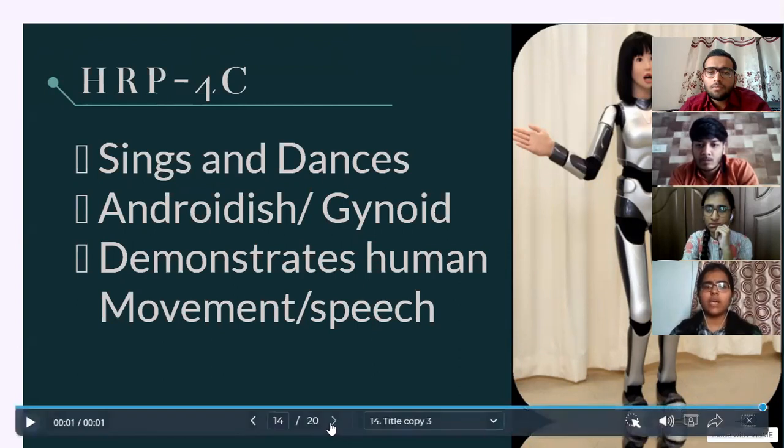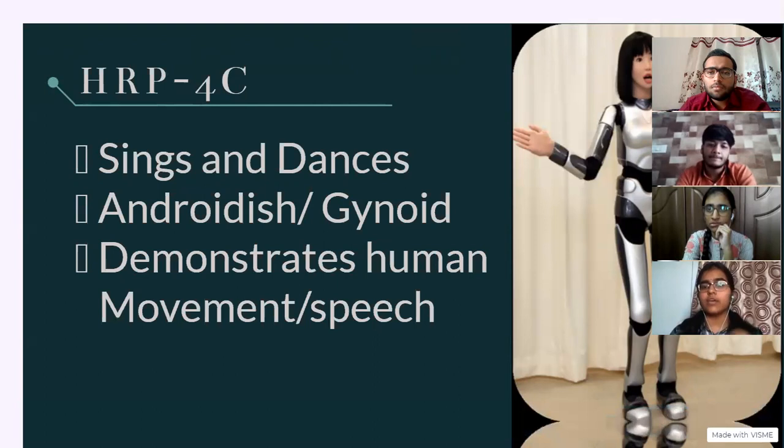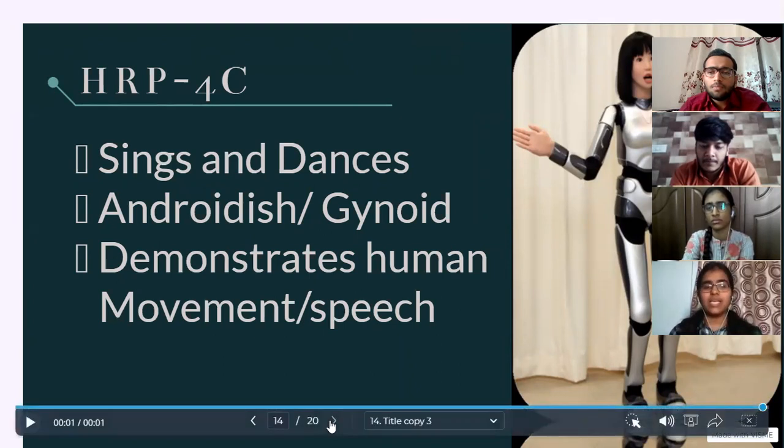She can move like a human utilizing 30 motors and another 8 dedicated to facial expressions. Miim can also respond to speech using speech recognition software and is capable of recognizing ambient sounds. Miim can also sing using the voice synthesis software Vocaloid. Next slide, please.